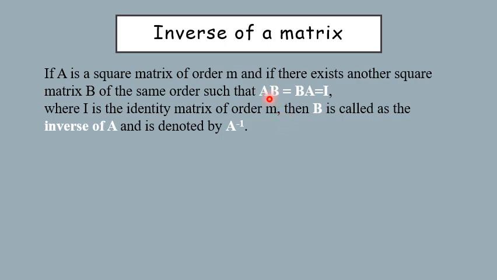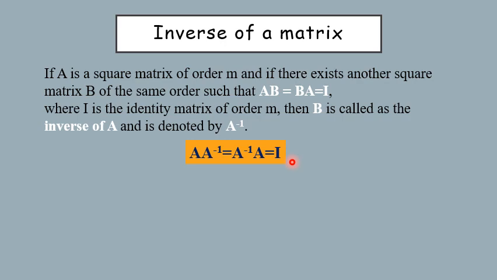That means B is inverse of A and A is inverse of B. Replacing B by the symbol A inverse, this can be written as A into A inverse is equal to A inverse into A is equal to I. So matrix multiplication is commutative if and only if they are inverse of each other.